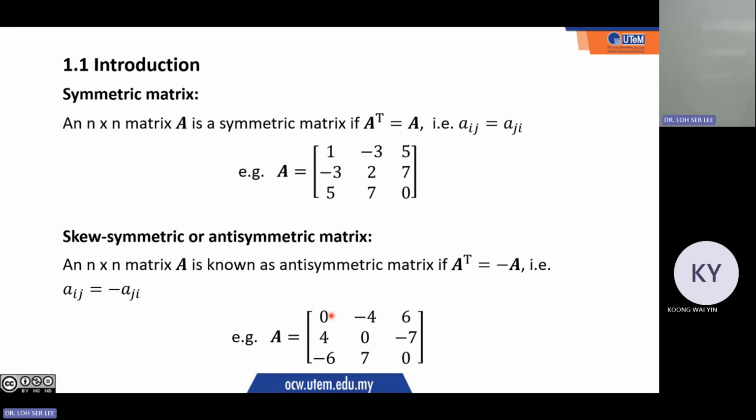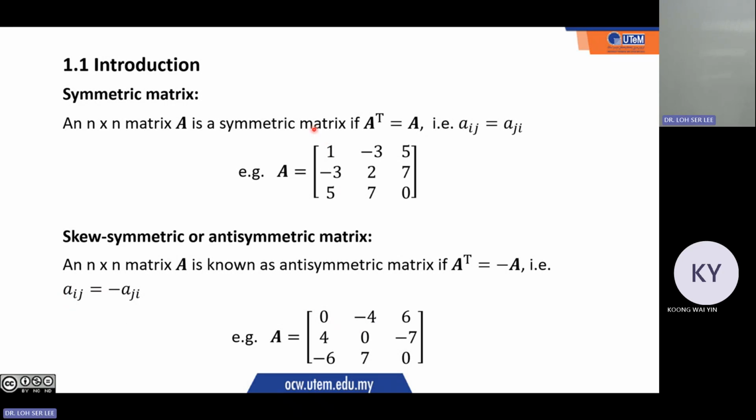This is A11, so with i is 1 and j is 1, A11 equals -A11. So what is the value of A11? It must be 0. That's why all the diagonal entries are 0, because it has to satisfy this equation.